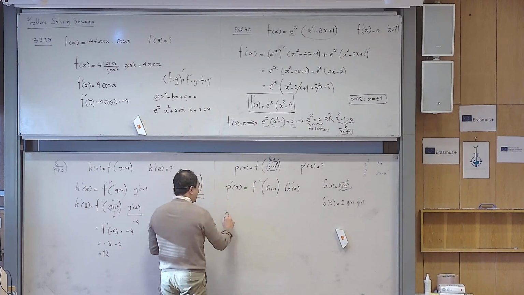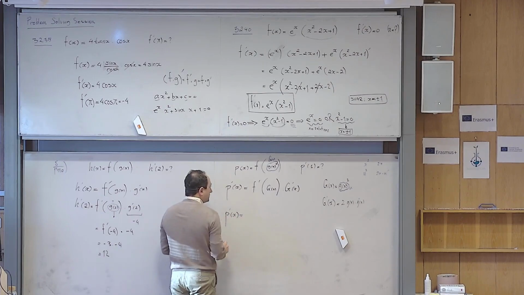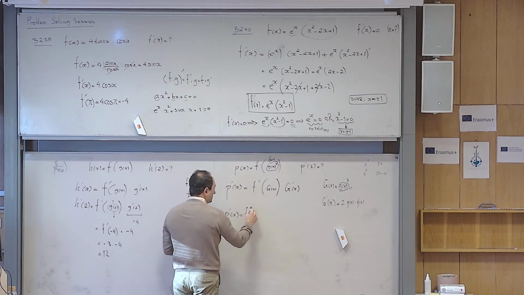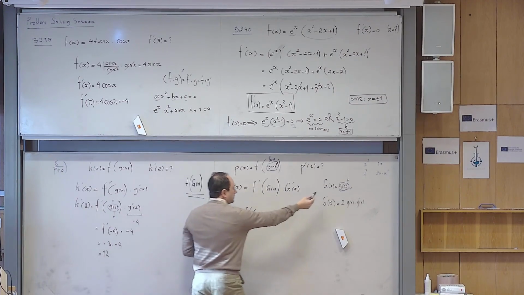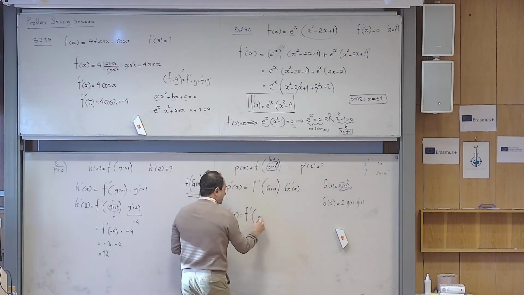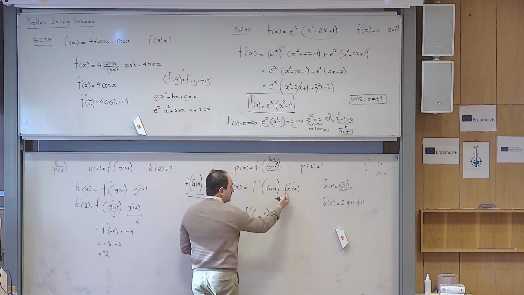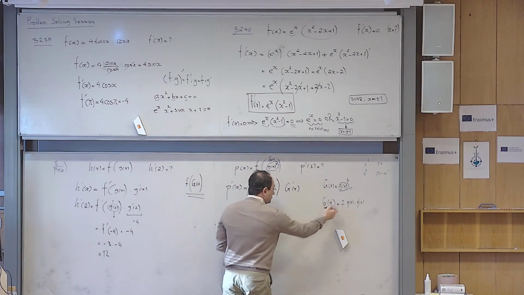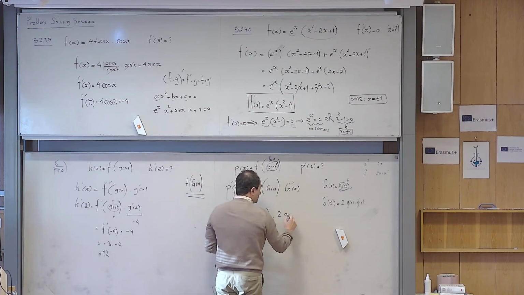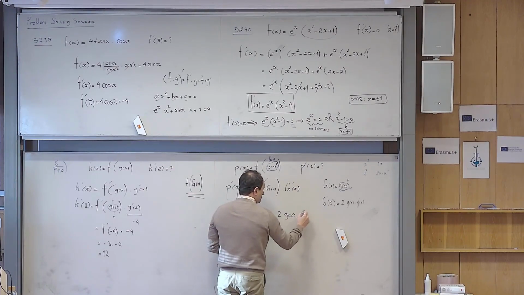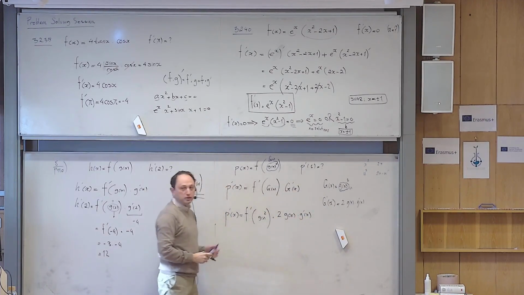Okay, so let us put everything back now into the formula. So p prime of x is f prime, instead of g of x, I put g of x squared, multiplied by capital G prime of x, which is 2 g of x, g prime of x. So that is my derivative.